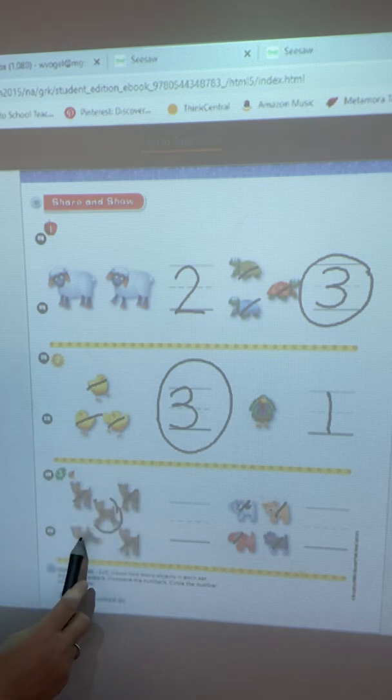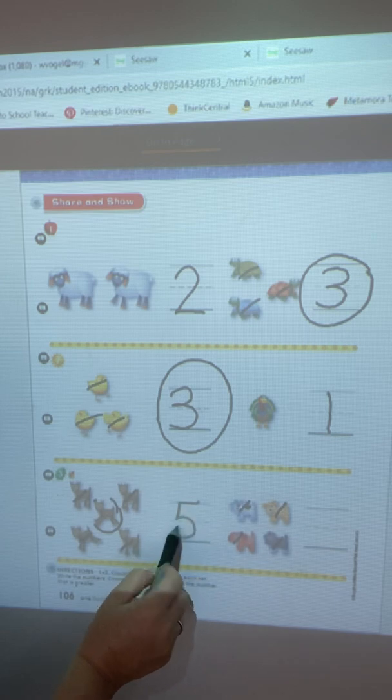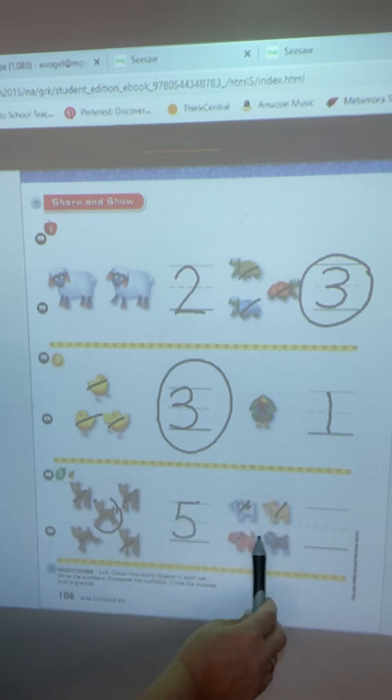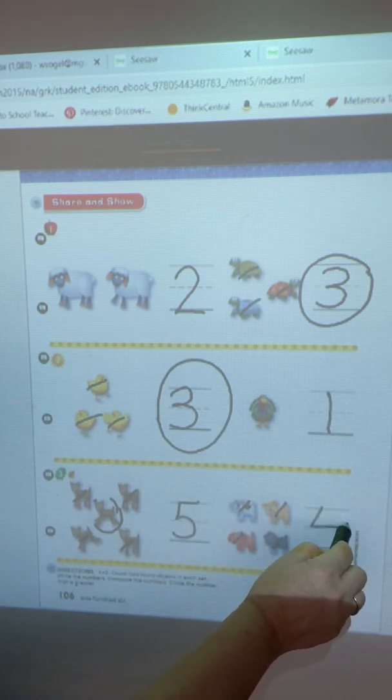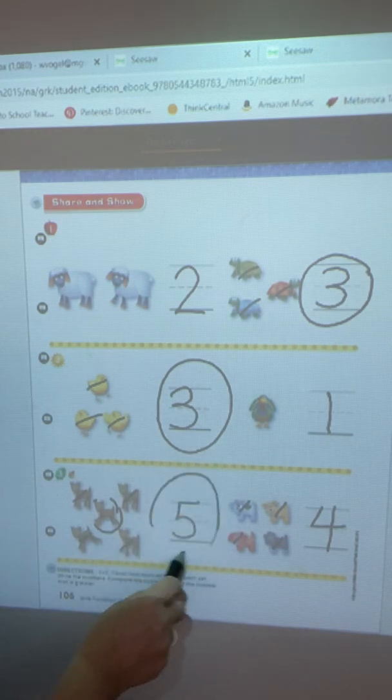So 1, 2, 3, 4, 5. So we'll make 5. And 1, 2, 3, 4. Draw your 4. Let's compare those 2 numbers. Which number is greater or which number has more? If you said 5, you are correct again.